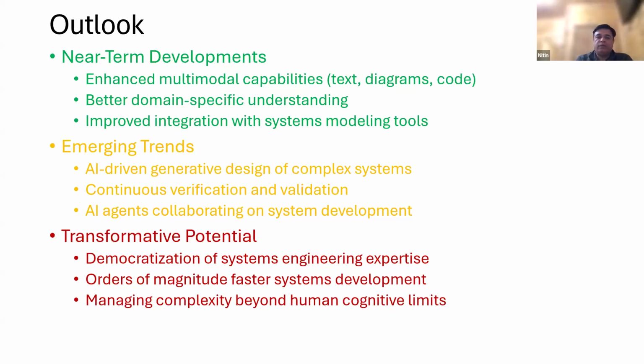Okay, now we talk about the outlook here. Near term, what looks to be in the realms of possibility at this time is that Gen AI is going to enhance our multimodal capabilities. It can communicate in multiple formats.